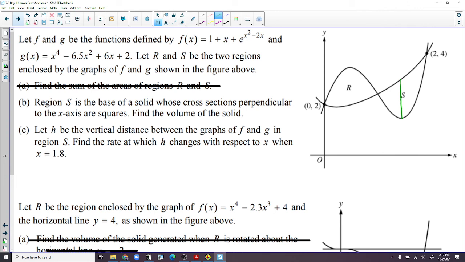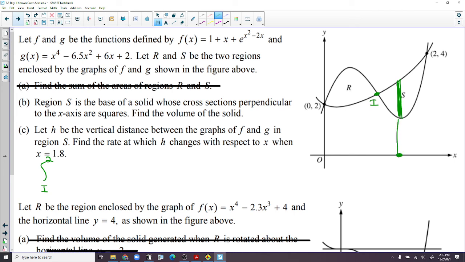Now we're supposed to integrate this. We're finding the volume. So we're going to integrate from this intersection, whatever x would be, to 2. We'd have to calculate that intersection. We are going to do that. But now the length of the base is the top function minus the bottom function, because really all these function values start at the x-axis.